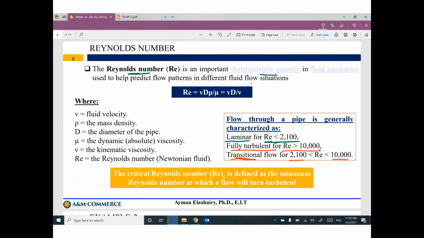Let's see, Reynolds number equals this term, or this term: V D rho divided by mu, or V D divided by nu. V is the velocity, rho is the density, D is the diameter, mu is the absolute or dynamic viscosity, nu is the kinematic viscosity, Re is the Reynolds number.